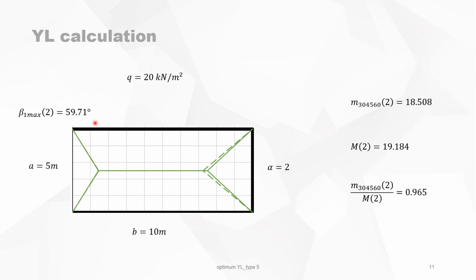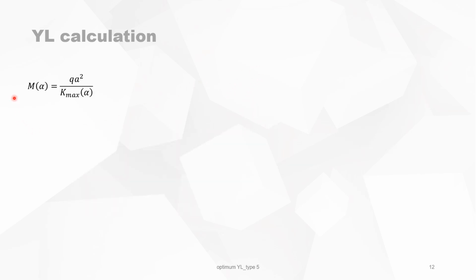The angle beta 1 is then almost the same, 59.7 or 60 degrees, and beta 2 is 45.33 instead of 45.